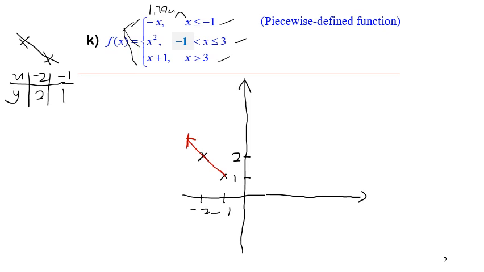So look at the second piecewise. The second piecewise is x squared. In this case, it is a quadratic. Remember, for the quadratic, we need to find the minimum point first. So compare with the standard equation of quadratic.